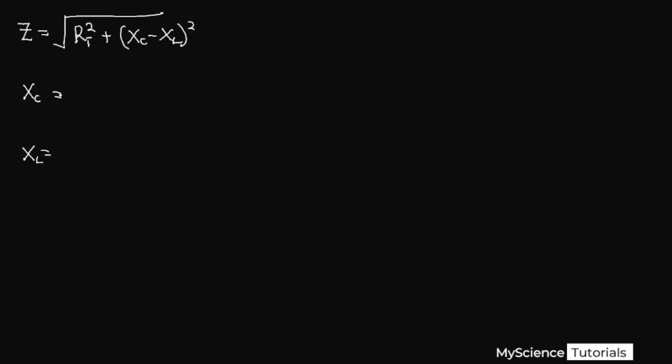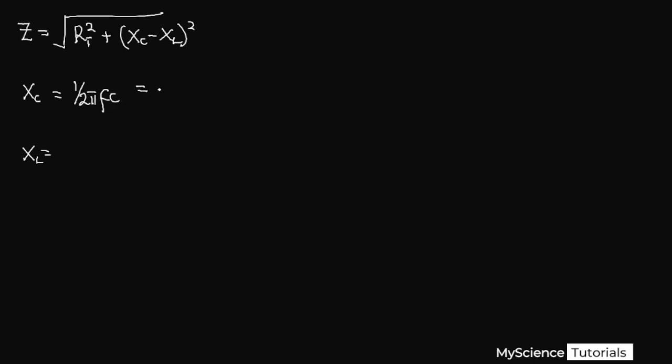So these things are what we need to find first, and after finding them, we can now go ahead and find the total impedance. The capacitive reactance, which we are calling XC, is given mathematically as 1 over 2 pi FC.